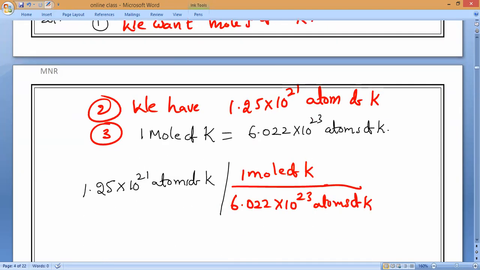Why? According to the question, we have to write it. Now atoms of K should get cancelled.